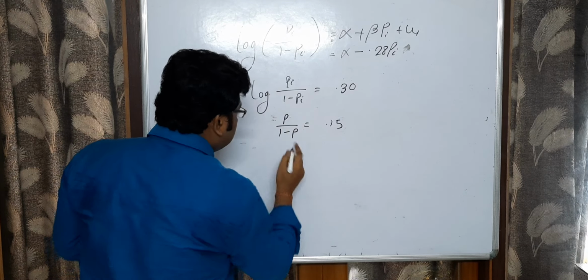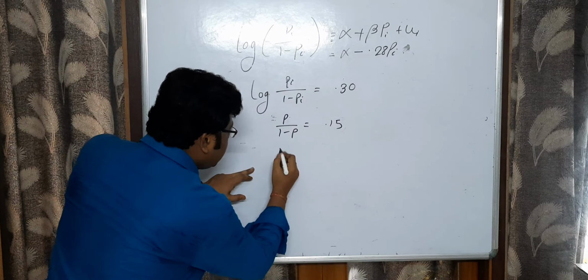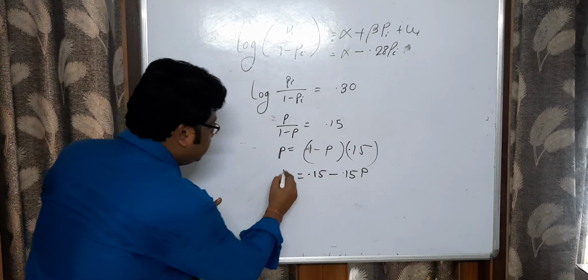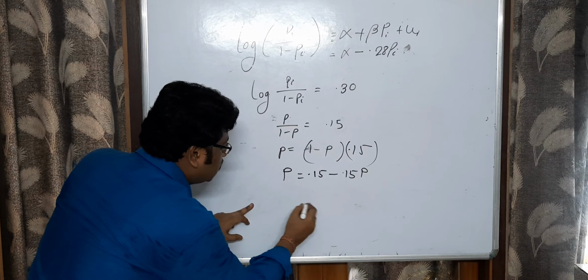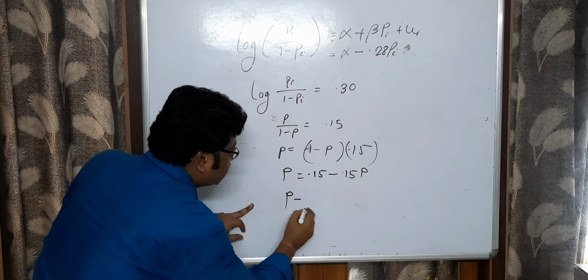Now P over 1 minus P equals 0.15, so P equals 0.15 minus 0.15 P. Now P plus 0.15 P equal to 0.15.